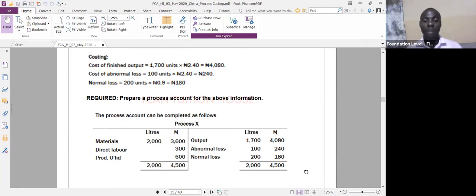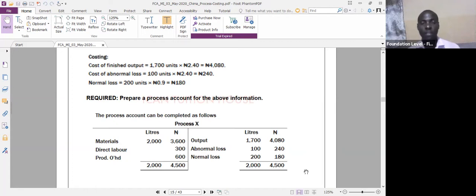When you get to the abnormal loss, we observe that it was 100, but it's going to be still valued by the normal output. So whatever rate we have at the output, 240, is still the same thing we're going to have at the abnormal loss, 240.